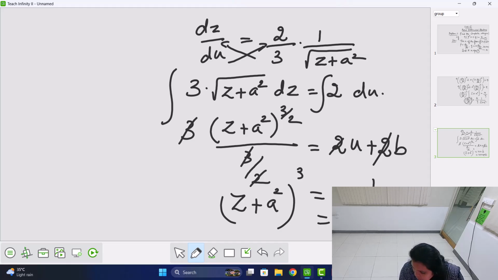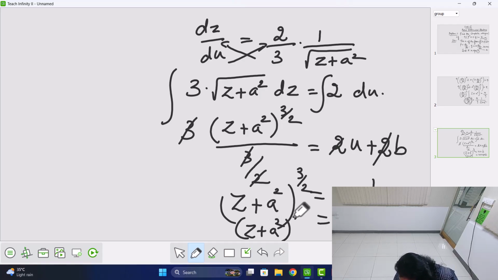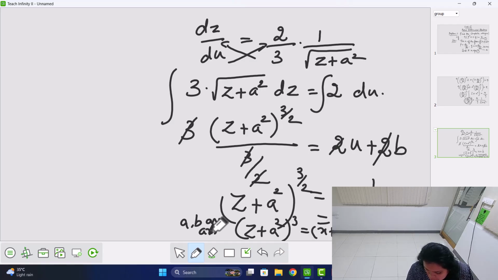Squaring on both sides, you get (z + a²)³ is equal to (x + ay + b)². So this is the complete solution. Why is it a complete solution? Because we have arbitrary constants a and b, and x and y are the independent variables and z is the dependent variable. So it is a complete solution.